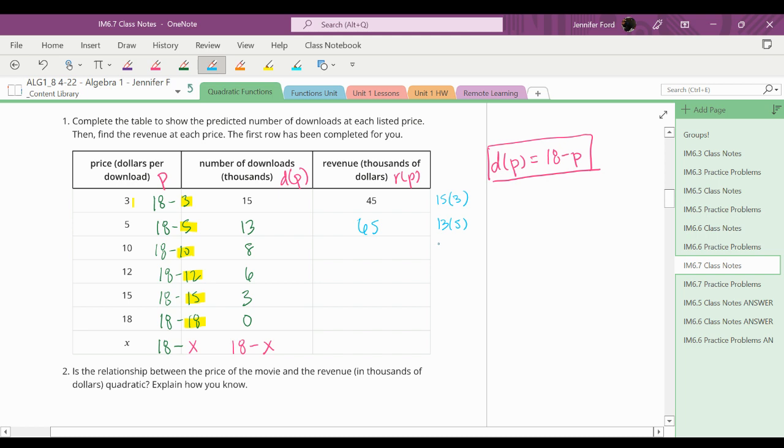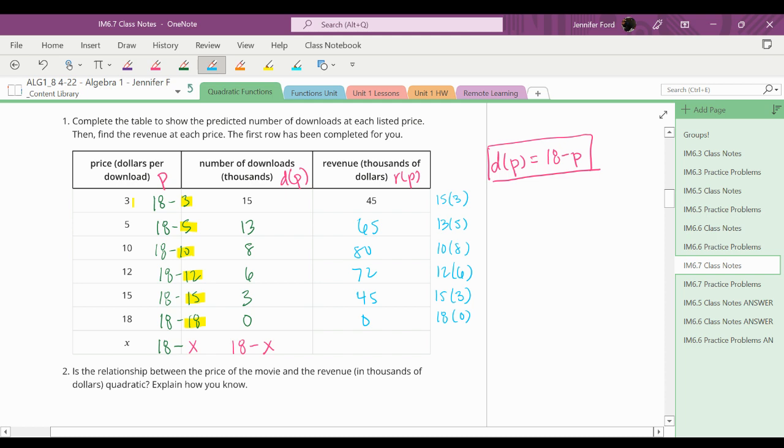And the next one is 10 times 8, which is $80,000. And then the next one is 12 times 6. I feel like this is one I should know. Yep, I should know that. 72. And then the next one is 15 times 3, which is 45. And then 18 times 0, which is 0.